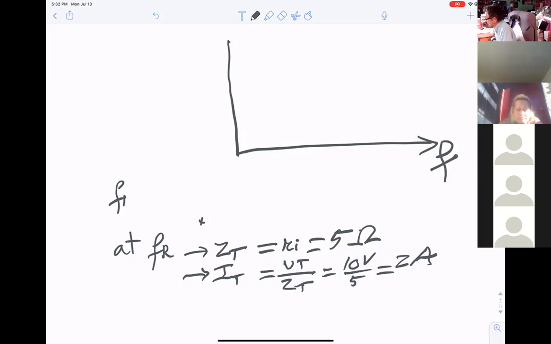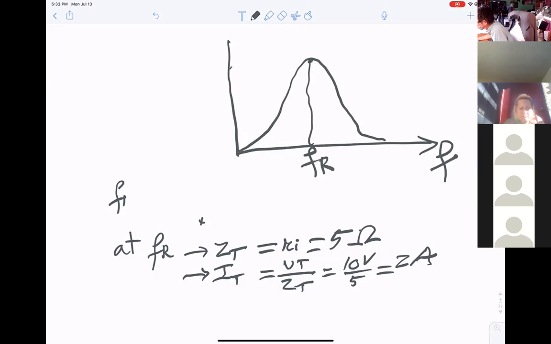If you see, I draw it this way, and at this point here will be half R. So the value in here, what do you think the value is?